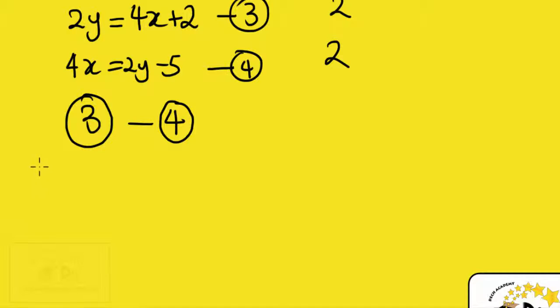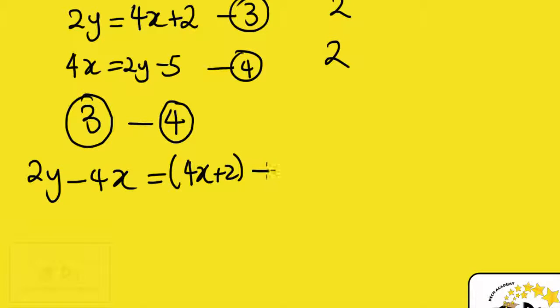If we carry out the left-hand side subtraction, I get 2y minus 4x, equal to the right-hand side subtraction, 4x plus 2 minus 2y minus 5. If I simplify this, you notice that y will not be eliminated, and there's a reason that I'm going to explain shortly.